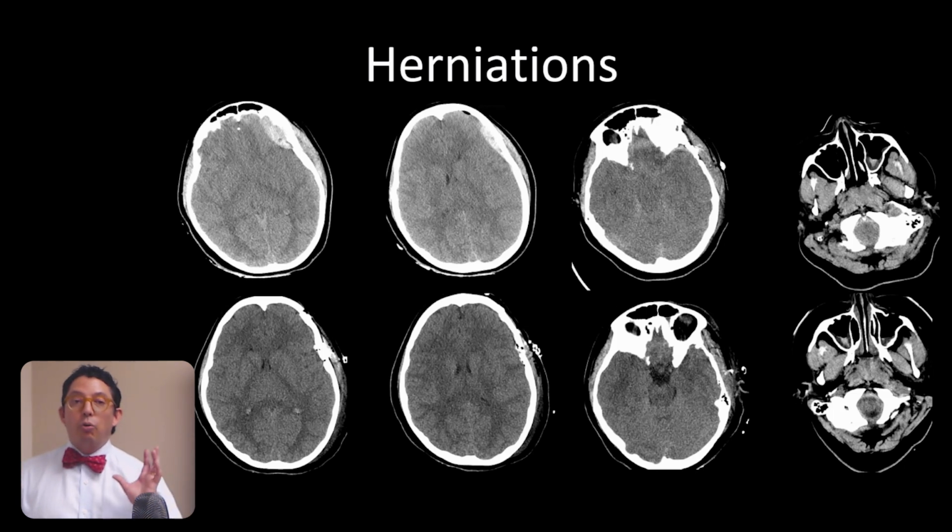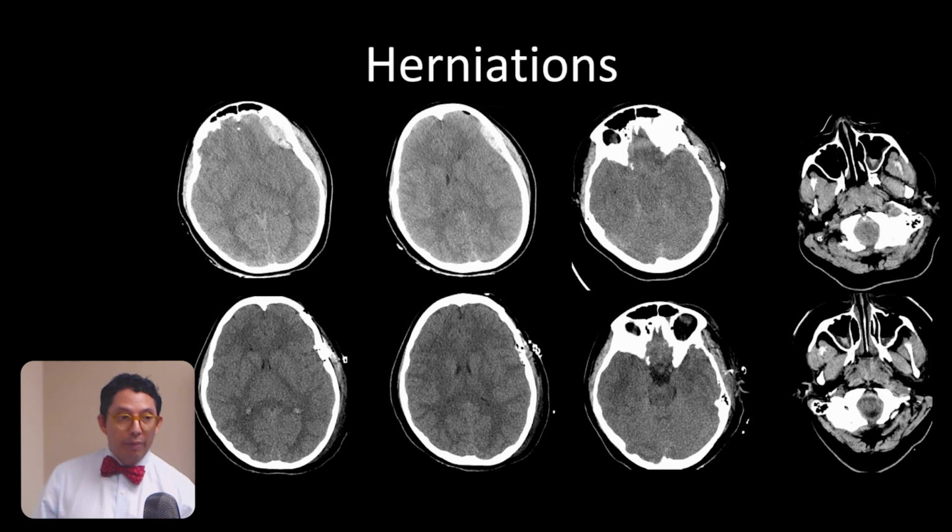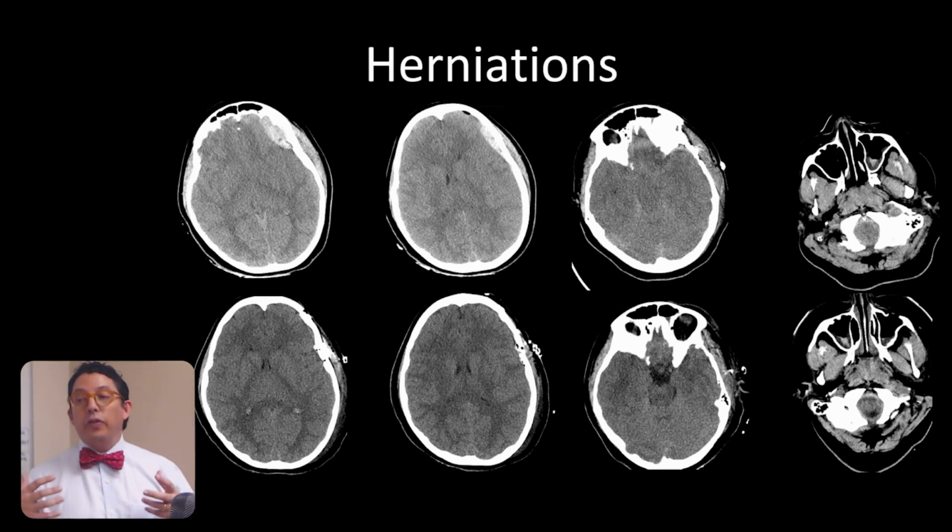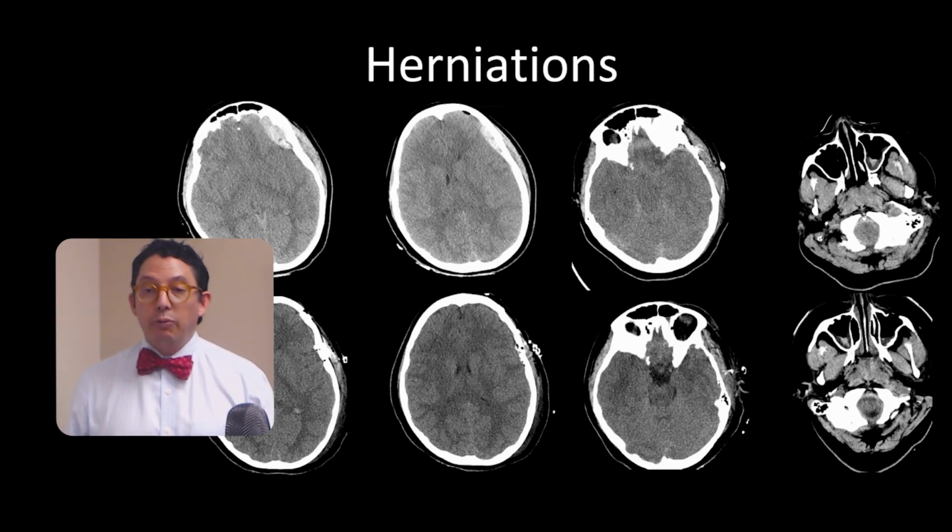The other herniation you don't want to miss is the herniation of the cerebellar tonsils through the foramen magnum, because when that happens, you have compression on the nuclei of the midbrain, and that could be crucial for respiration centers, etc. So this was a bilateral tonsillar herniation that improved after the patient's edema was gone.